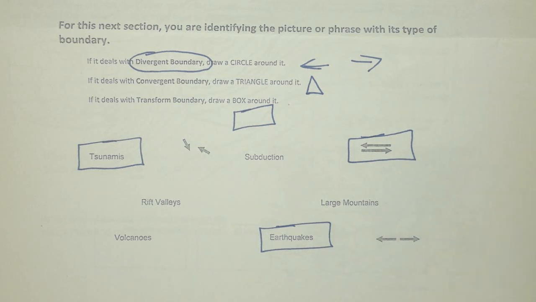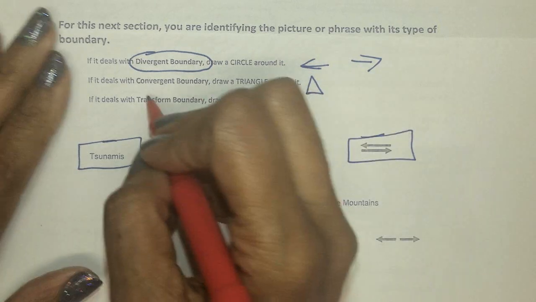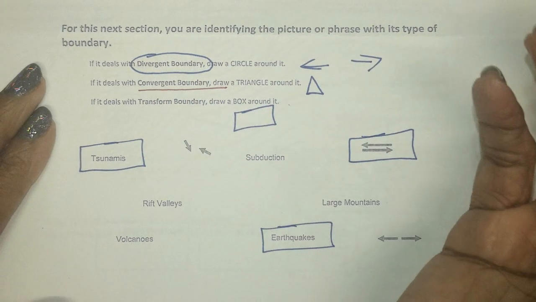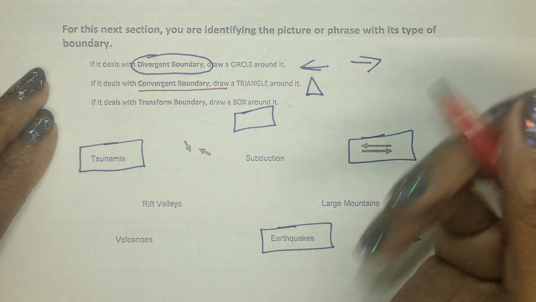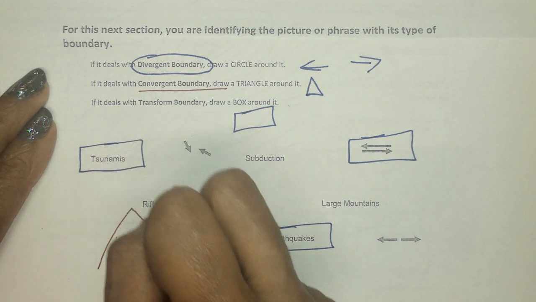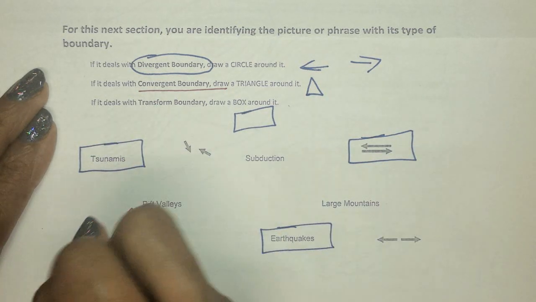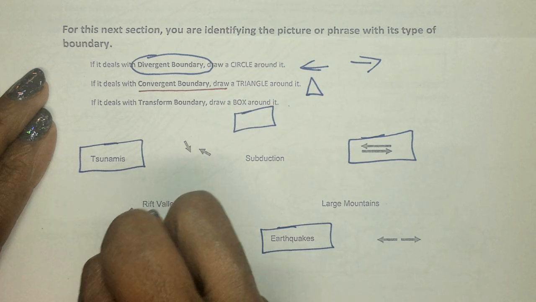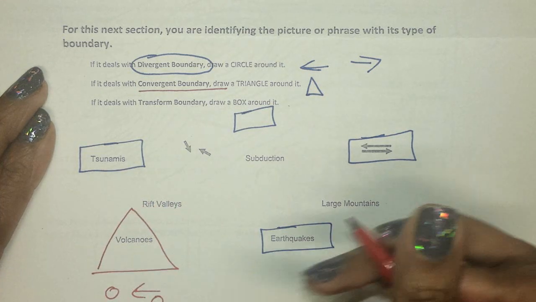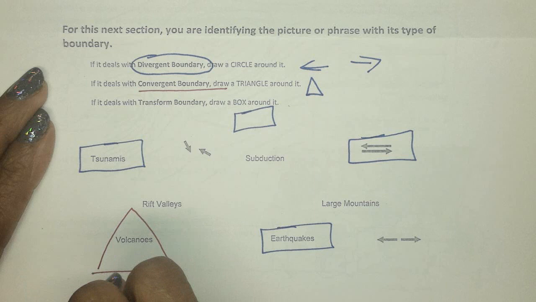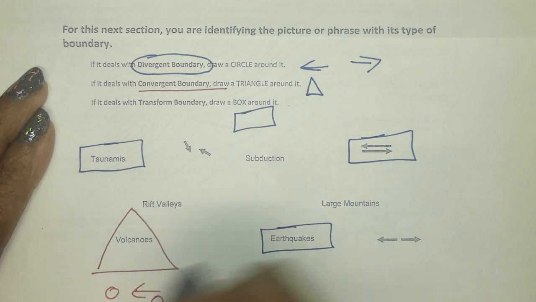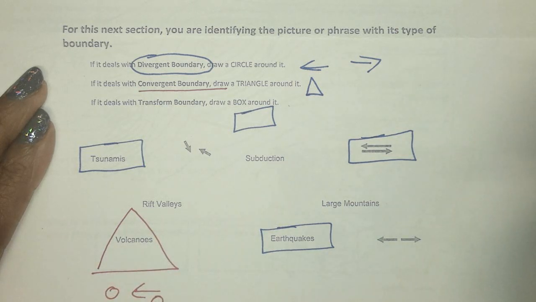All right, let's do triangles for our convergent boundaries. All right, volcanoes form at convergent boundaries. Again, it's either ocean to ocean or continent to ocean. Either one of those is going to give you some type of volcanic activity.